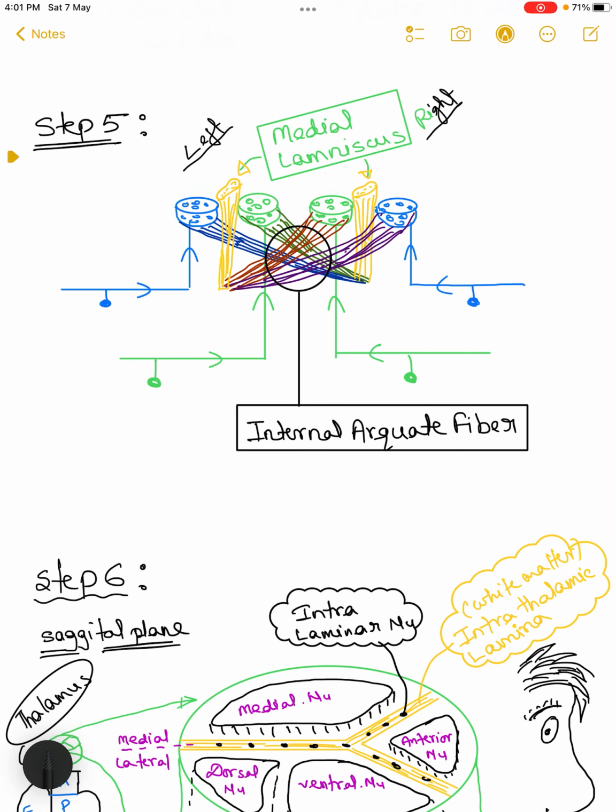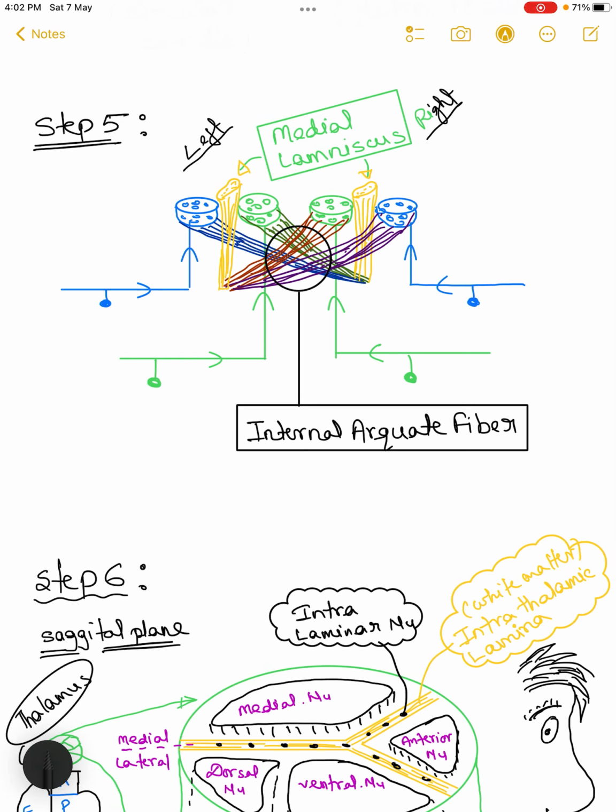These will give rise to axons, and where are they crossing? To the left side. Now focus here. The left side nucleus will give rise to these fibers, and where are these fibers crossing? To the right side.